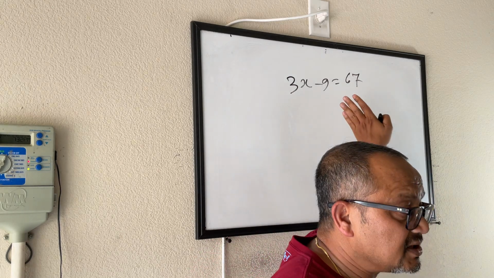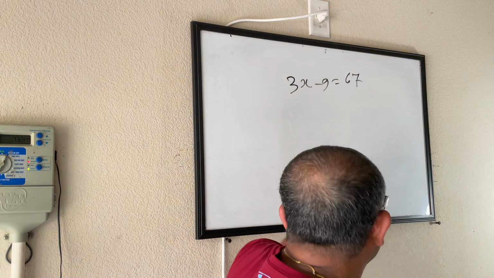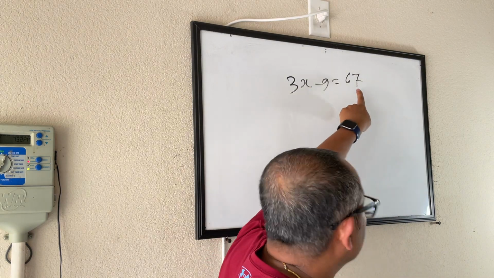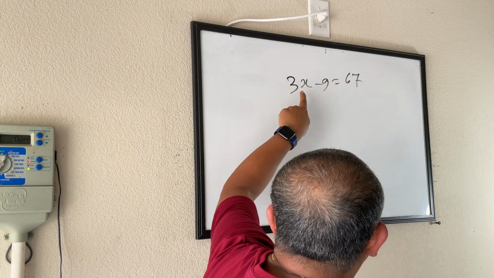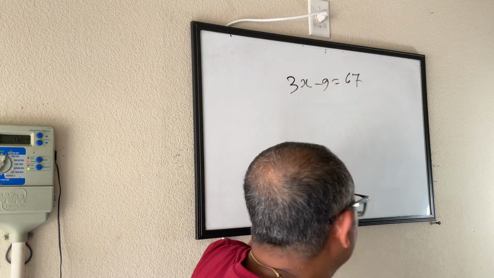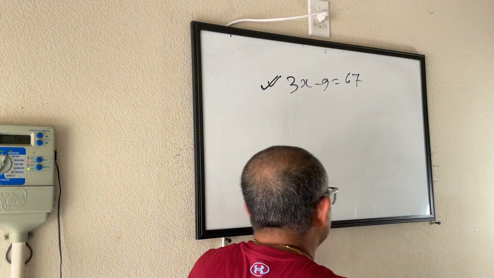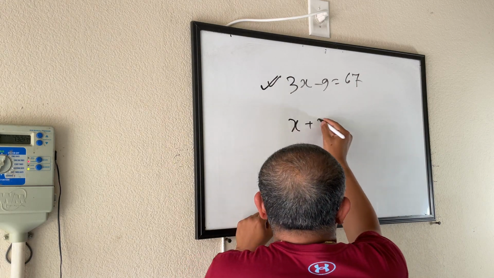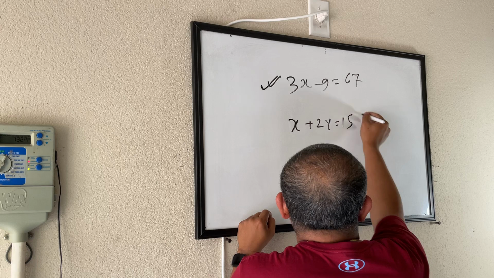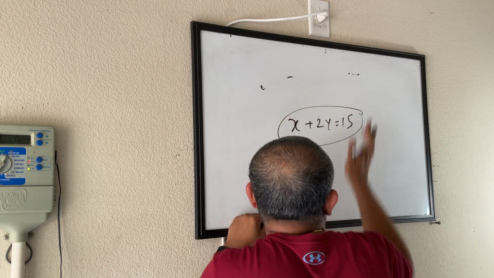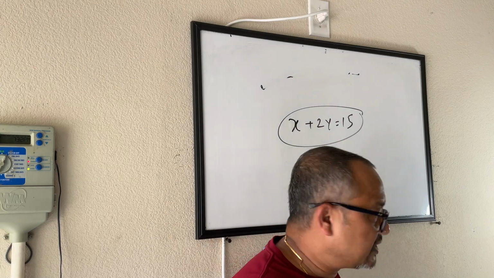Is it a linear equation? Yes, it's a linear equation because maximum power to the variable is 1. Can I solve it? Yes, we can solve it. It's one equation with one variable. Very easy to solve. If I say x plus 2y equal to 15, can we solve it alone when no other equation exists? You cannot solve it.